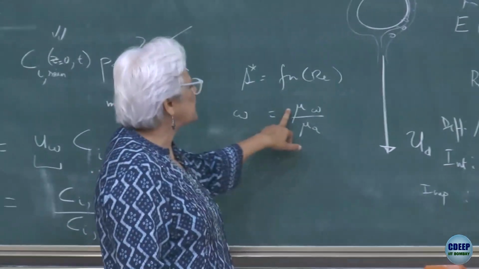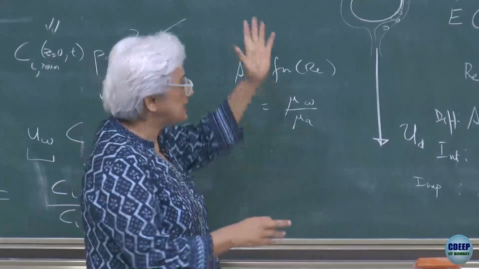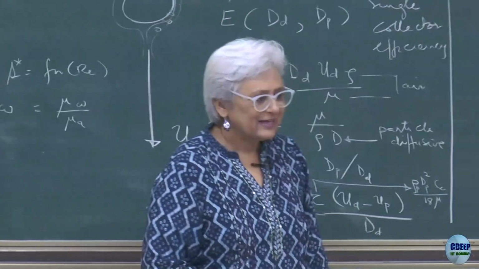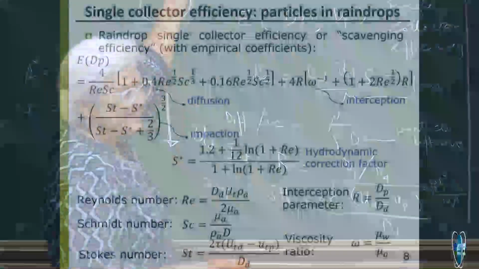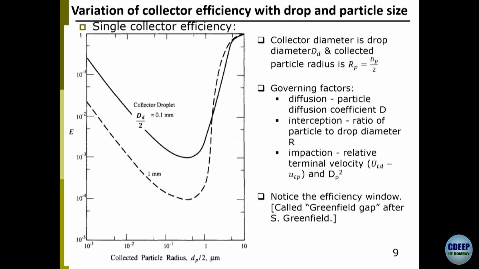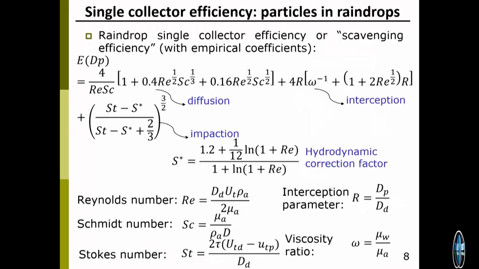This is viscosity of water by viscosity of air. Here is our empirical expression. I'm going to try and put the pointer on here. Okay, here we go.